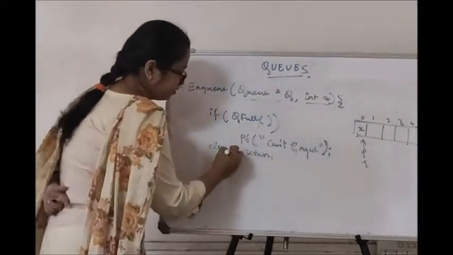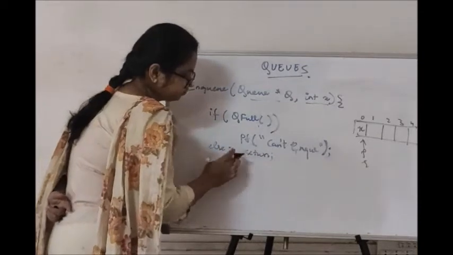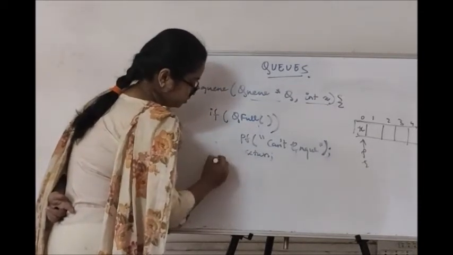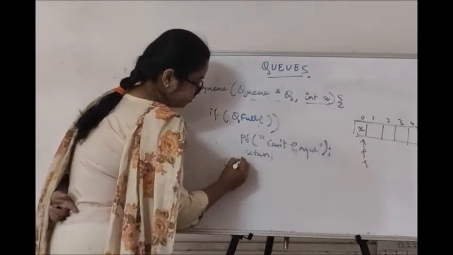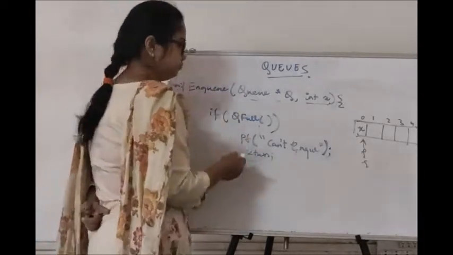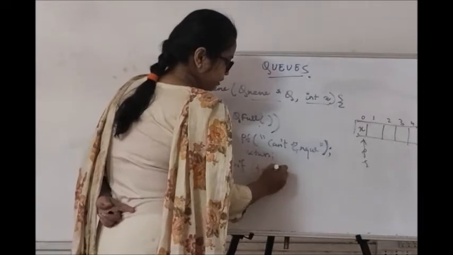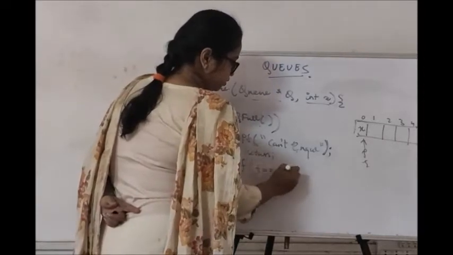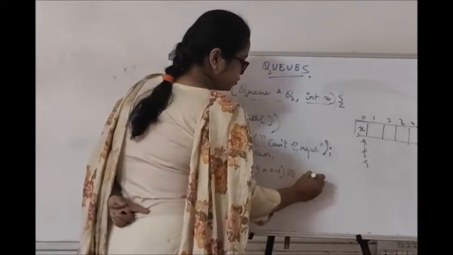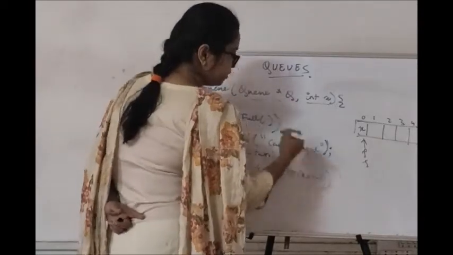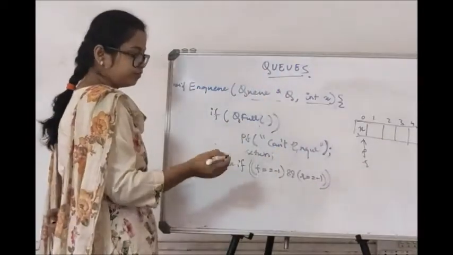Else if front equal to -1 and rear equal to -1, if Q was empty, then what we have to do?